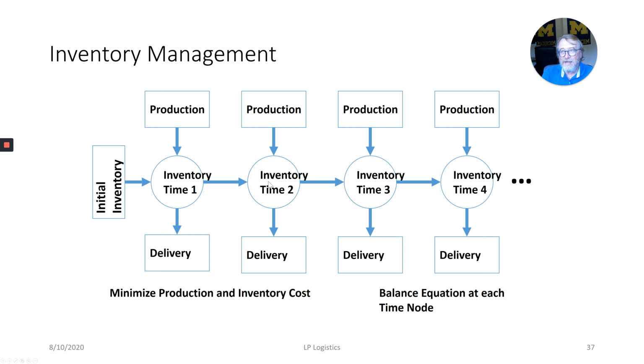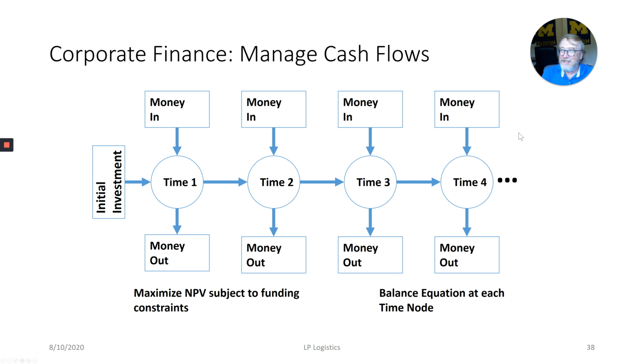Inventory going out, the inventory at time one, and the delivery at time one. So this plus this is equal to the inventory at time one plus how much you deliver at time one. You have one of these balance equations at each one of the nodes. That's how you can do inventory management.